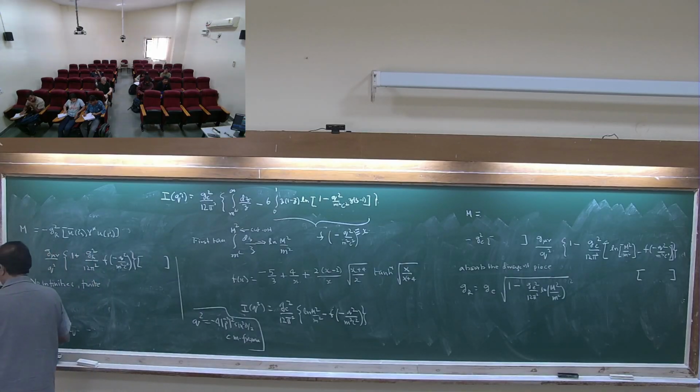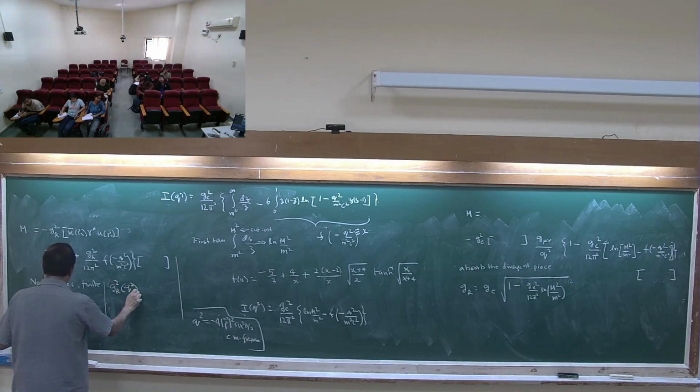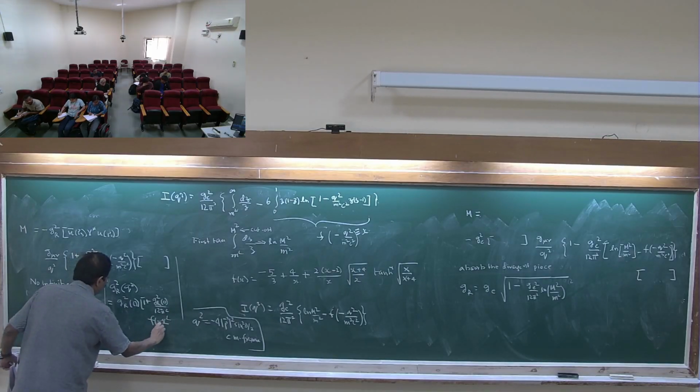So in this example, gr squared, which is a function now of q squared because it is running, is gr squared at 0 times 1 plus gr squared at 0 divided by 12 pi squared times f of minus q squared by m squared c squared.